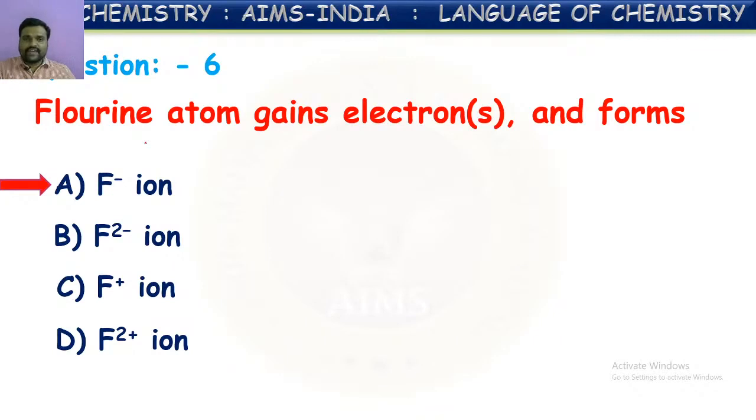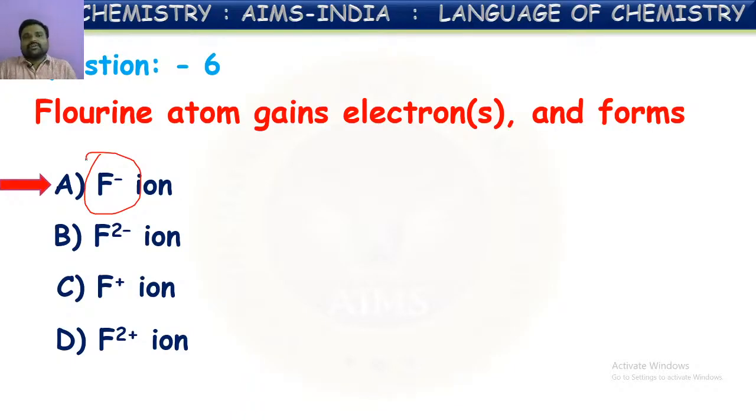It has 7 electrons in the valence shell. By gaining one more electron, it can become more stable. So it is ready to take one electron, hence it forms a 1- ion or one negative charge, which we call the fluoride anion or fluoride ion. The F- ion is formed by gaining one electron by fluorine.